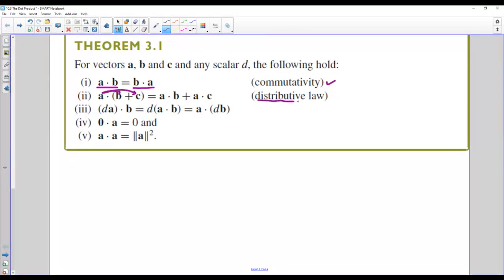You have a property of distributivity here, so it's A dot B plus A dot C. D A dot B is the same as A dot B first, and then multiply by D. Also 0 dot A is 0, and A dot A is equal to the magnitude of A squared. So these are all rules that you can use when you work with the dot product.